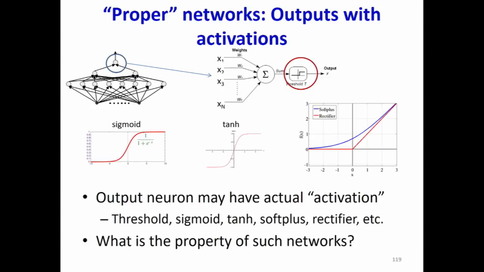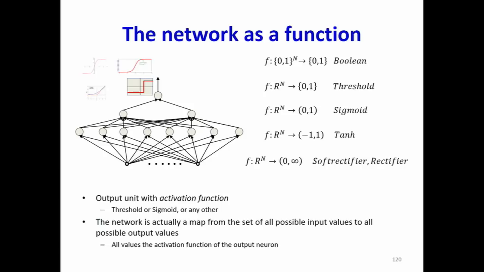And that activation function is going to have a codomain, a range actually, the range of values that it can produce. And so what a multi-layer perceptron really is, is a universal map from the input space to the range of the activation function in the output layer, right?